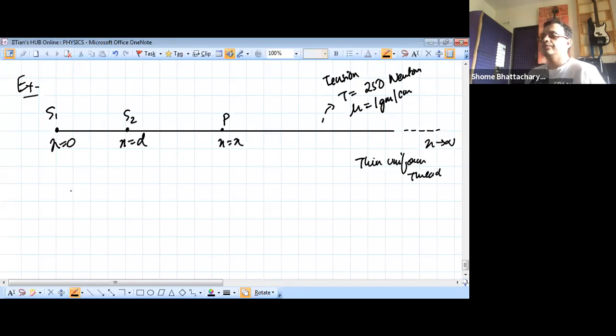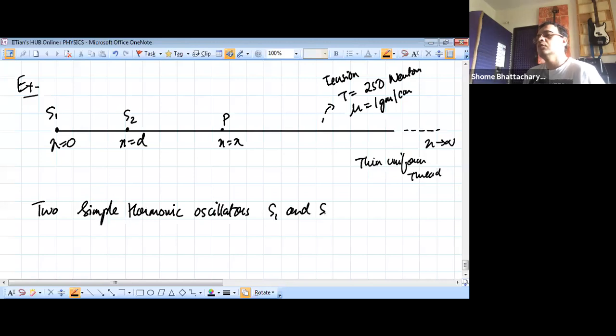So two simple harmonic oscillators S1 and S2 are attached at points x equal to 0 and x equal to d as shown.